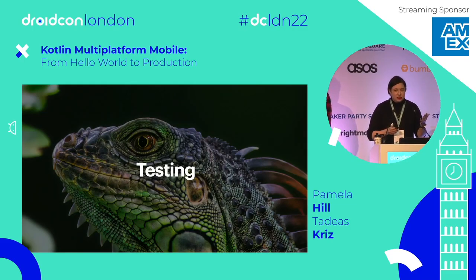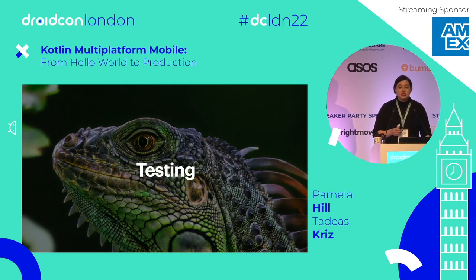There is a talk later about it as well, so if you're really interested in testing on Android, go to that talk. First, we'll talk about how we can test shared code in common main, and then also talk about expect actuals. And then we're going to very lightly take a little journey into iOS UI testing.